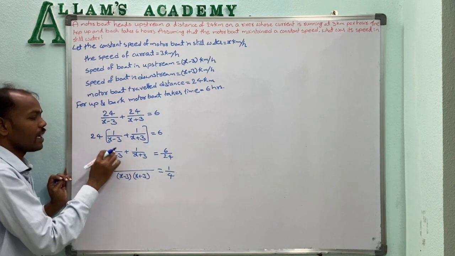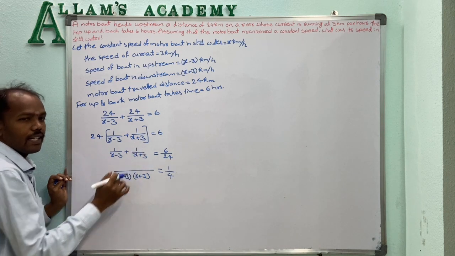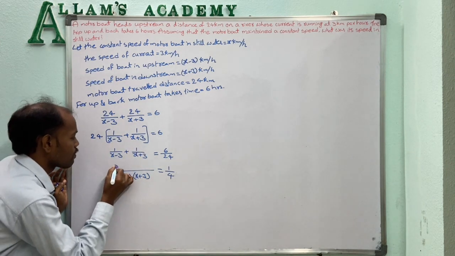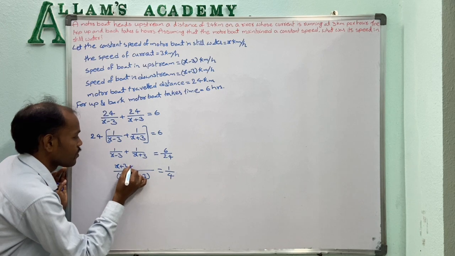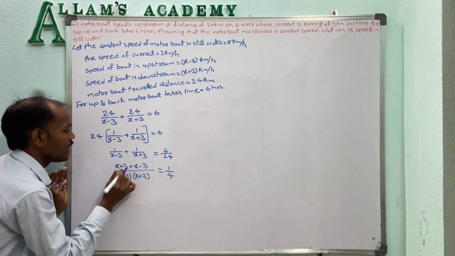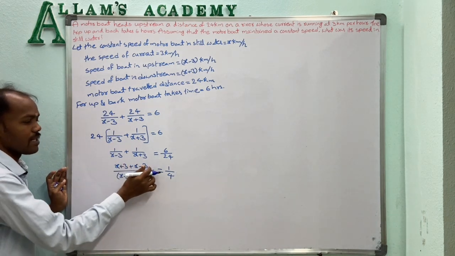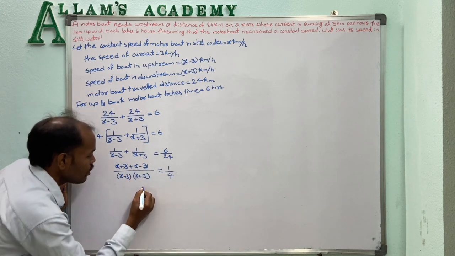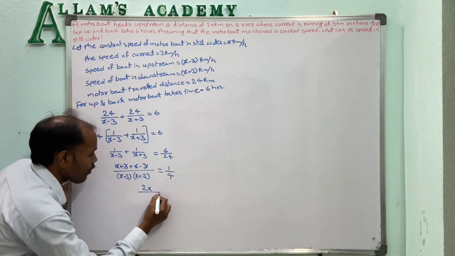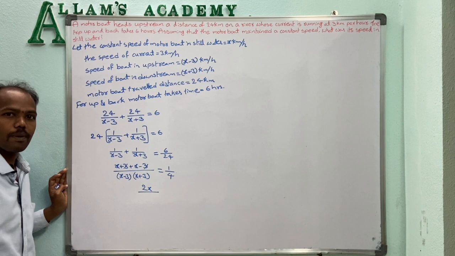So x plus 3 plus x minus 3, x plus x is 2x, 3 minus 3 gets cancelled, that is 2x by x minus 3 into x plus 3.